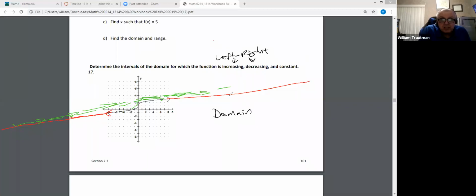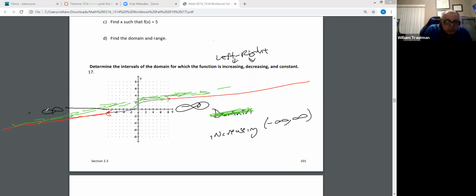So we're talking about intervals of the domain. This graph is increasing from negative infinity to positive infinity in the domain. When we say domain, we're talking about the x values, the whole number line.